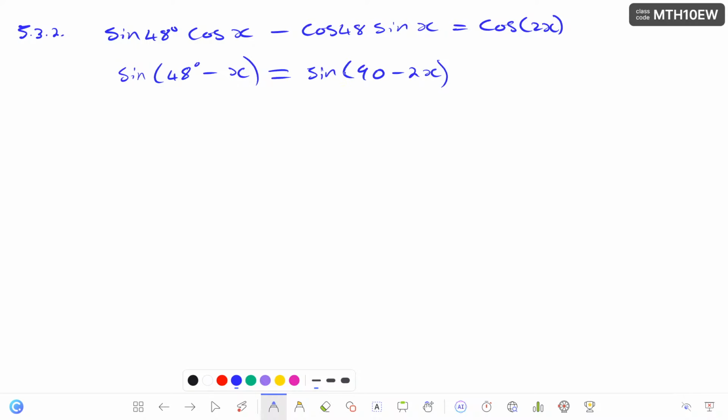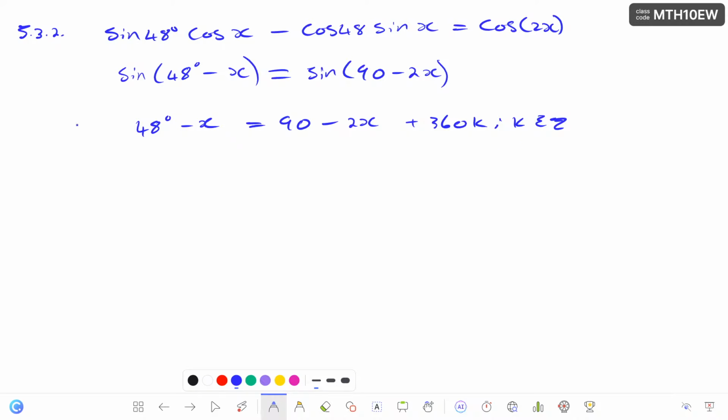Because it's a cofunction of this one. If you want to reverse this one, it can go back to this one. So okay, since we have sine, we can take the number inside the brackets, which is 48 degree minus x, is equals to 90 minus 2x plus 360 k, where k is the element of integer.